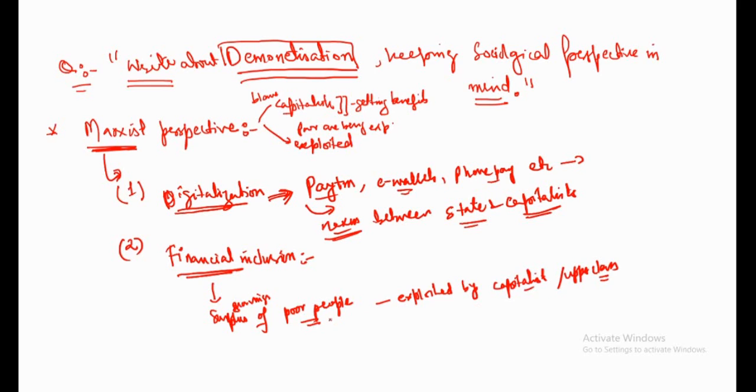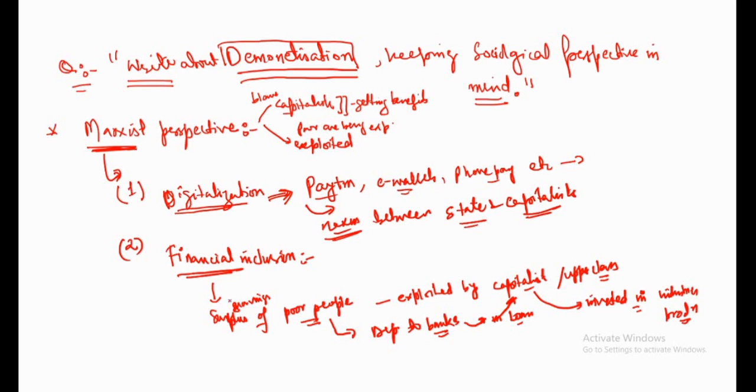How? Because the surplus money of poor people was deposited to banks when they were financially included, and these banks then gave this money as loans to capitalists who then invested in their industries for production.